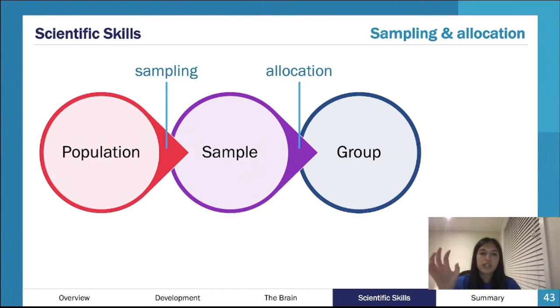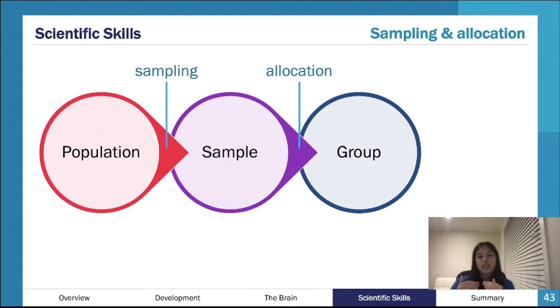So in terms of actually getting your group of participants, you've got your population. So your population is year 12s, yeah, year 12s in Victoria, right? That's a population. So every single year 12 in a Victorian school. You will then sample. So perhaps you get 3 year 12s from each school in Victoria. That's your sample. And then you randomly allocate them to the experimental and the control group.